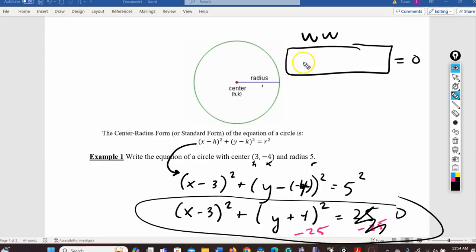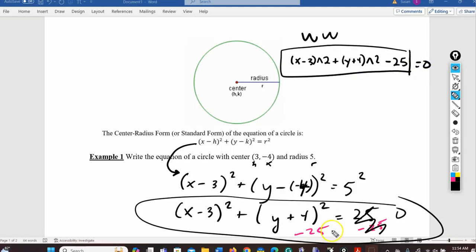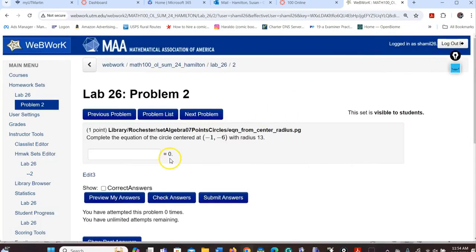So with WebWork, I would type x minus 3, then up arrow 2, plus y plus 4, up arrow 2, and then minus 25. Okay, for that particular question. All right, so just so everyone knows what's expected on that particular question.